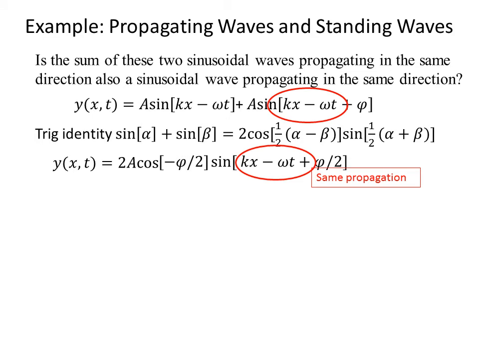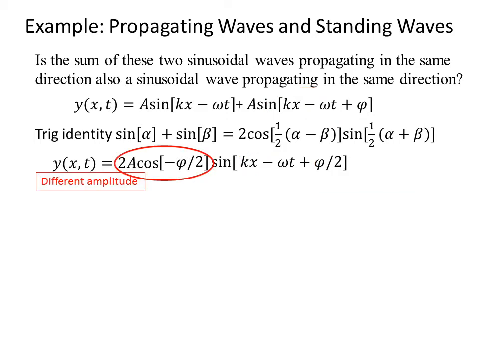So what we see is that these two co-propagating waves with different phases also have the same propagation. The result is a wave propagating in the same direction. What is different is the amplitude, and the amplitude depends on the phase, as we saw in our examples before. If, for example, the phase was pi, cosine of minus pi over 2 is 0, and that's fully destructive interference.